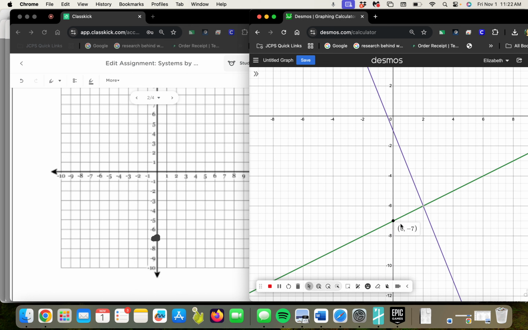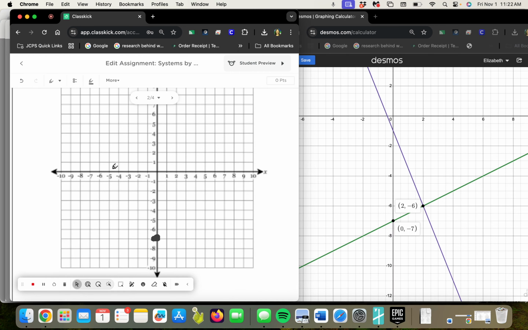And then I notice that they intersect right here at 2, -6. So I'm going to put another dot over here at 2, -6. And I am going to draw my line to connect those two coordinates. So it's going to look like that.